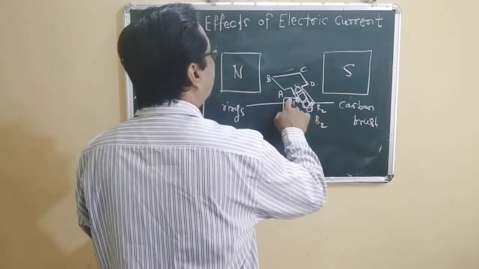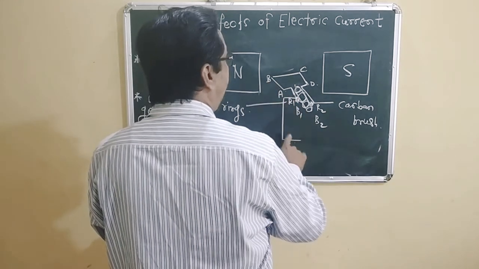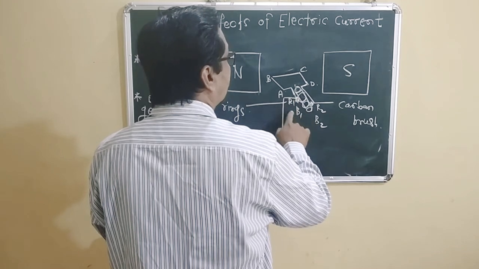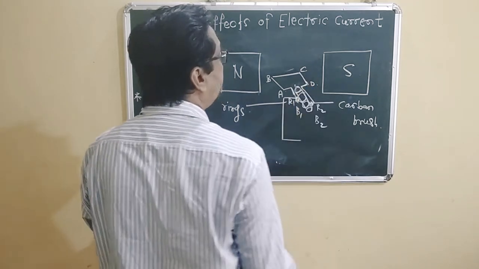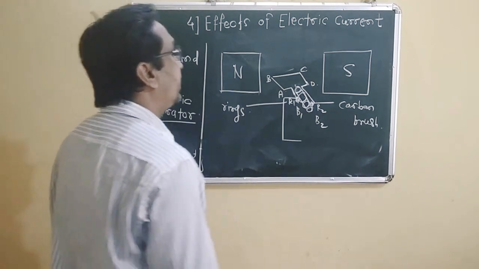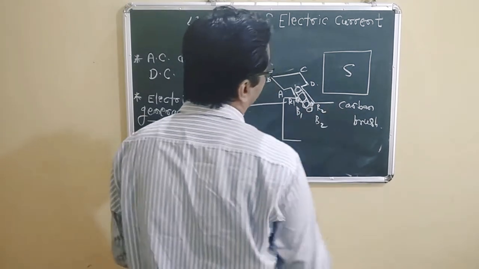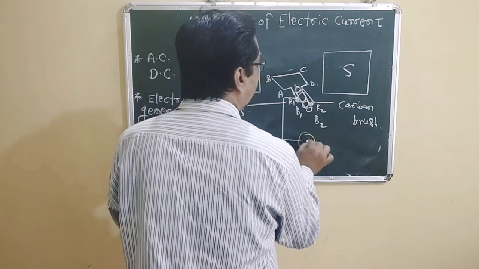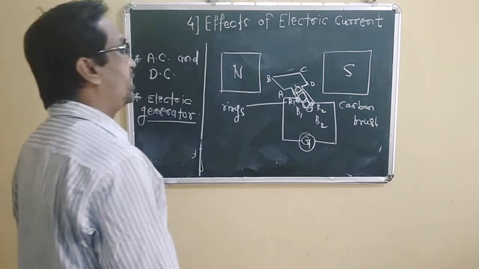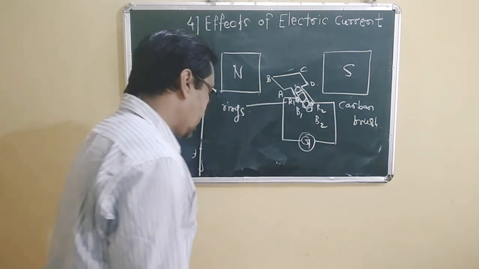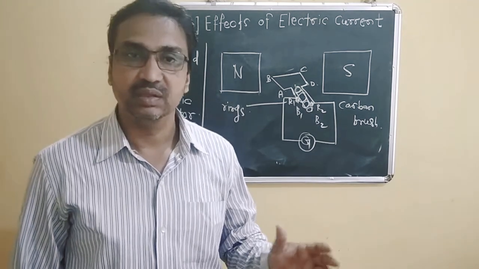B1 is in contact with the branch AB side, and this branch CD is connected with ring R2 via this carbon brush B2. Here we have to connect a galvanometer, which can indicate the direction of the current, that is alternating current.